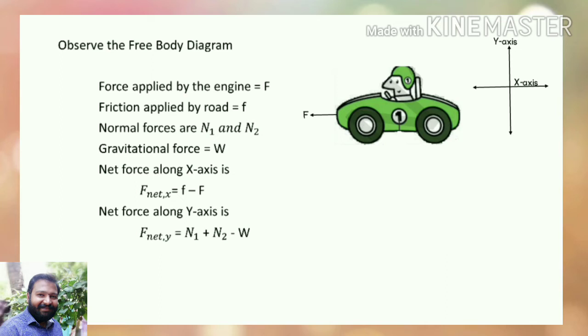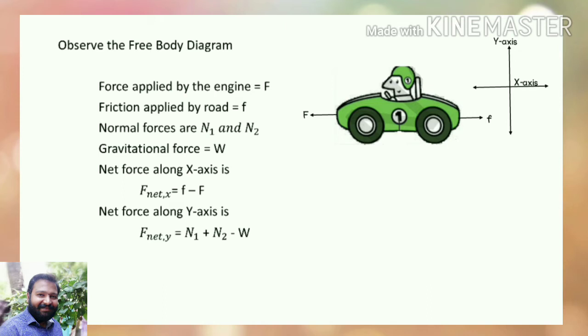F is the force acting on the engine. F amount of force acting on the engine towards the left side. So the force applied by the engine is capital F. Next, friction is acting in the opposite direction to the applied force, that is small f. We read about friction. What is friction? Friction is nothing but resistance of motion.